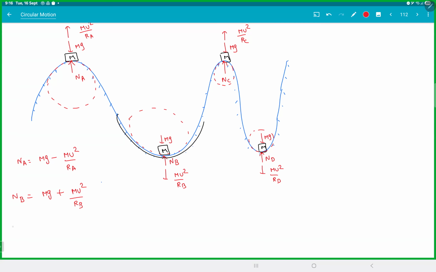And then what is NC? Mg minus mu square by RC. And what is ND? Mg plus mu square by RD. Right? So from here you can clearly see. Just have a look at this.